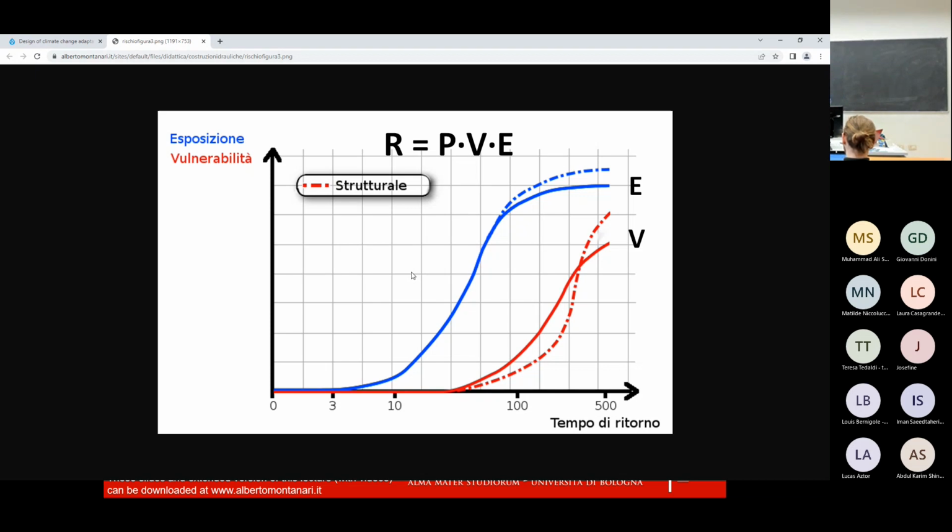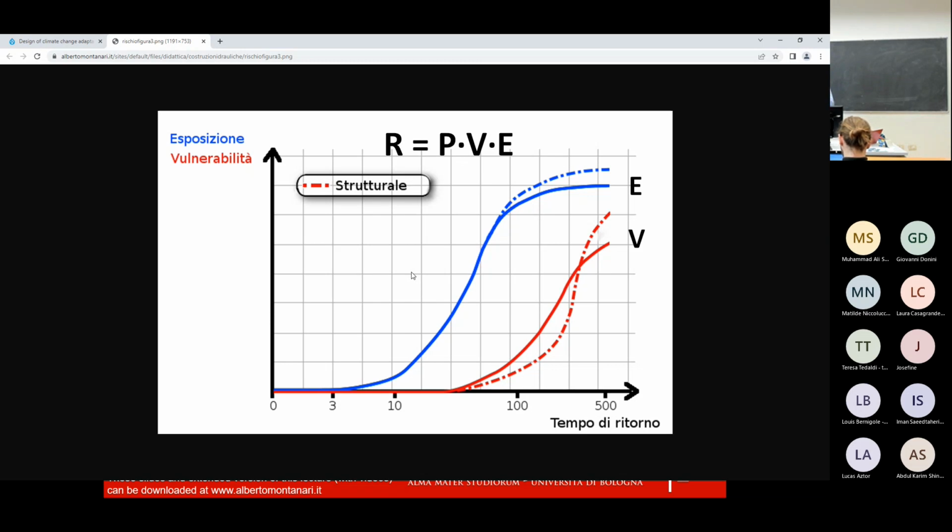By the way, the levee effect was introduced recently by the international literature, but it was already known in Italy about 100 years ago. After the Second World War, people realized, after building several structural interventions, that the exposure associated to floods was increasing because people felt more secure. So this is a possibility.